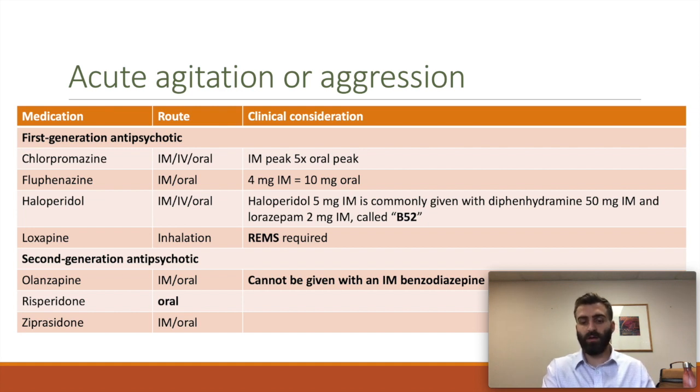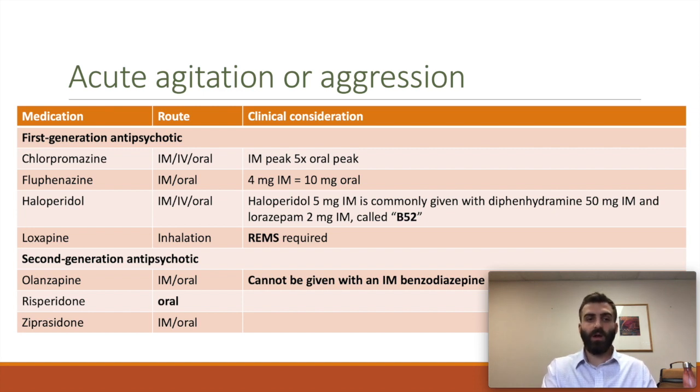It's REMS required, so it can cause bronchospasms, and you have to have the ability to intubate at your facility to choose this option. So I've never seen it used. It's not worth the risk. It's hard to get someone to inhale on something that looks almost like a credit card. If they're really agitated, like here, inhale on this credit card, it's kind of difficult to do that. So again, the IMs are usually the best.